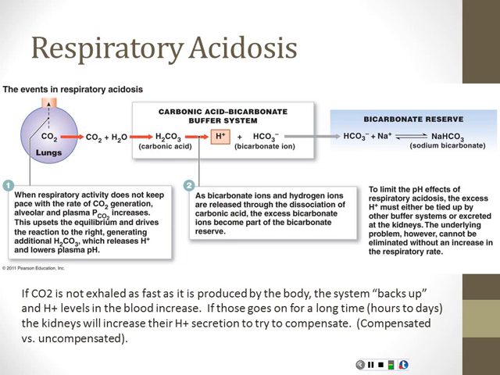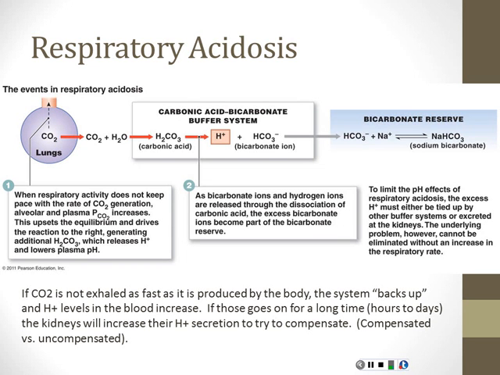If CO2 is not being removed and is continuing to be added because we make CO2 all the time, eventually there gets to be more and more hydrogen ion because the lungs are not getting rid of it by combining hydrogen and bicarbonate. So in a respiratory acidosis, we get pushed this way, and eventually the buffer systems are saturated, and we actually start to see a hydrogen ion concentration going up and up and up.